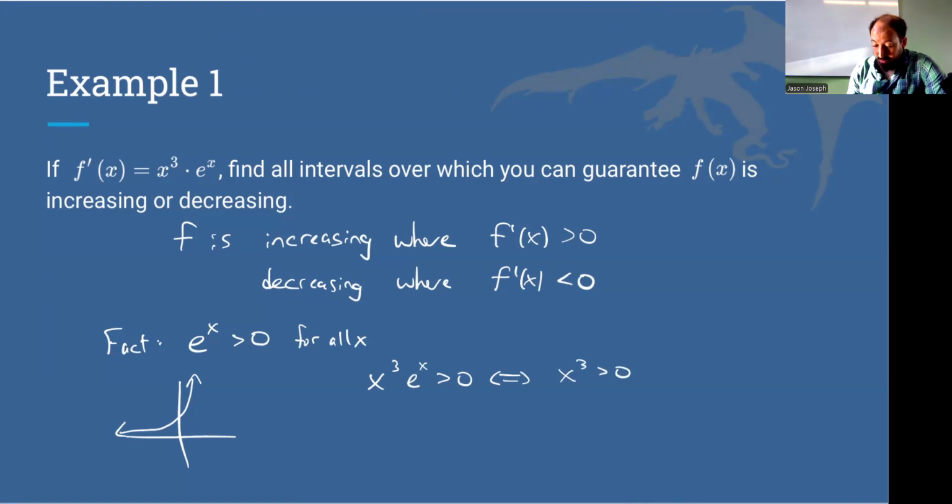And x cubed is positive when x is positive. You could think about the graph for that, or you could take a cube root of both sides.